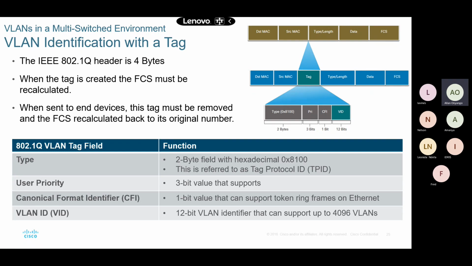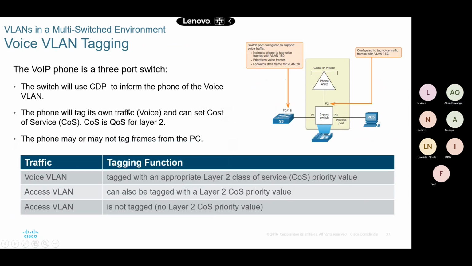Most importantly, the header will always carry 4 bytes for the VLAN, signifying that it is carrying VLAN traffic. Whether it is a voice VLAN or not, it will also be present on that network. And we did talk about things like CoS, which is class of service. Basically, these are for quality of service, because this VLAN will be carrying voice traffic, which is supposed to be given some priority on the network.